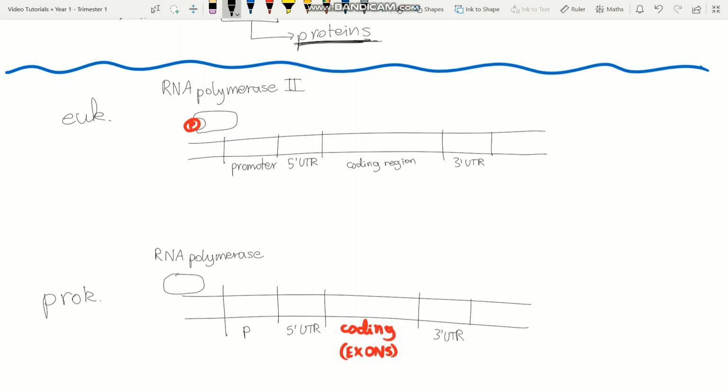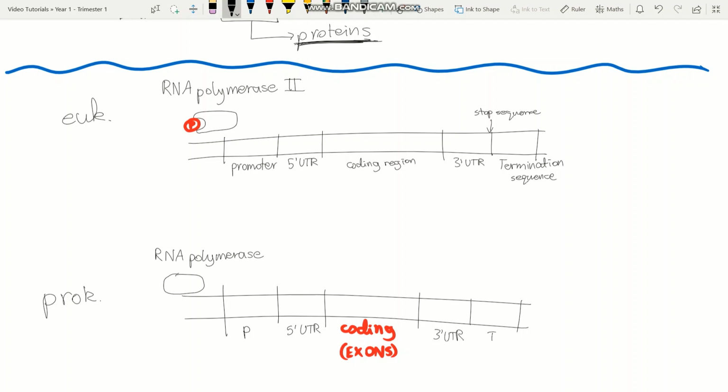And after this, finally, we have the termination sequence, which follows the stop codon, or stop sequence. The termination sequence is a sequence of nucleotides that essentially tells the RNA polymerase molecule to stop its transcription process. And this is present in both prokaryotic and eukaryotic cells.